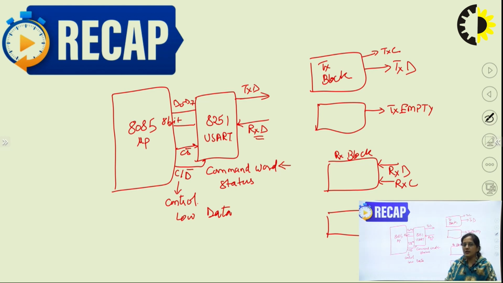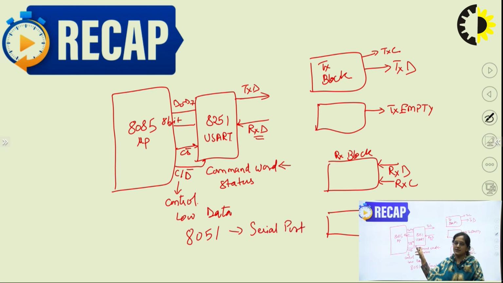But in the case of 8051, which is a microcontroller, we have internal serial port communication. Whatever we have studied about 8251 till now is already available in the internal structure of the 8051. Externally connecting an 8251 would again require complex circuitry.